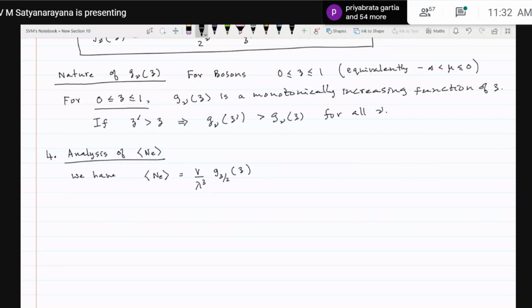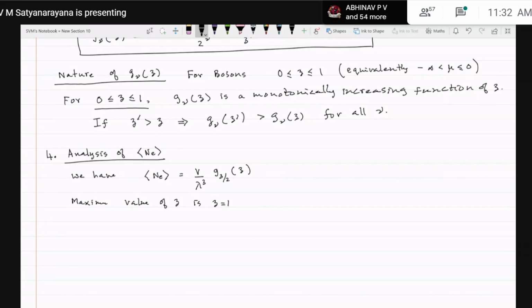What I'm trying to say is that the maximum value of Z is equal to 1.